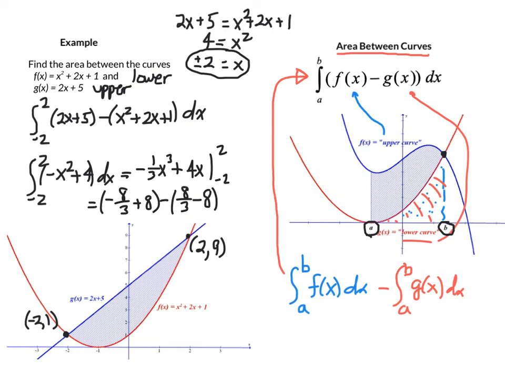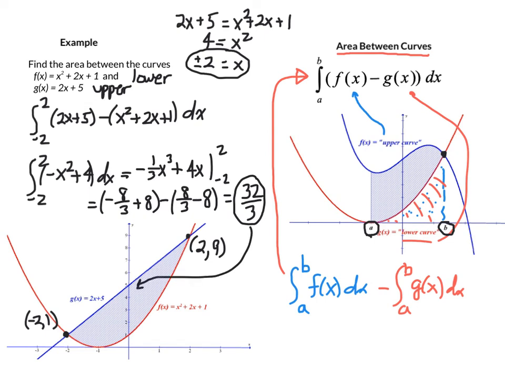So ultimately there we have 16 minus 16 over 3, which gives us a value of 32 over 3, or 10 2/3 as the total region between the two functions there.